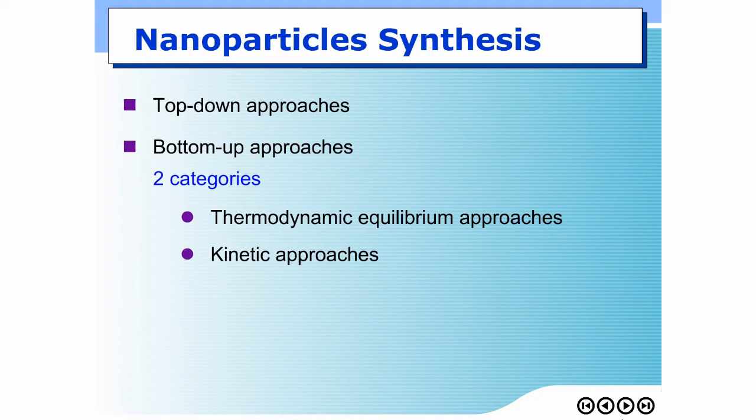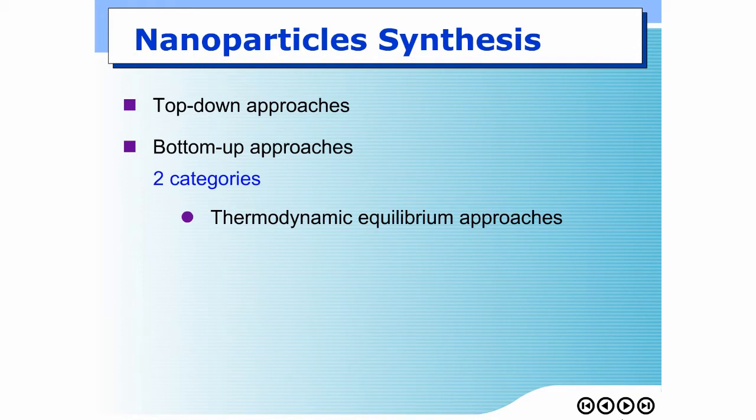On the other hand, the second technique is called kinetic approaches. In kinetic approaches, we normally confine the space of the growth to be small so that the result would be small particles. Okay? In this lecture, we will focus on the first technique, the thermodynamic equilibrium approach.